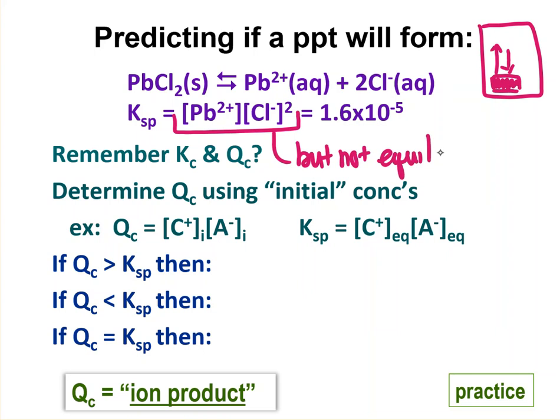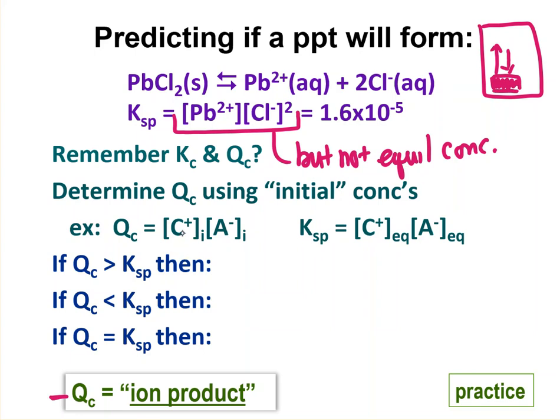But those numbers are not necessarily equilibrium concentrations. That is the Qc, so we can think of that as like an initial. And then the Ksp is when they are equilibrium concentrations.